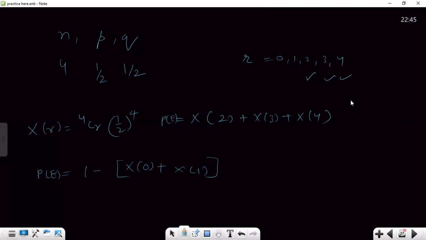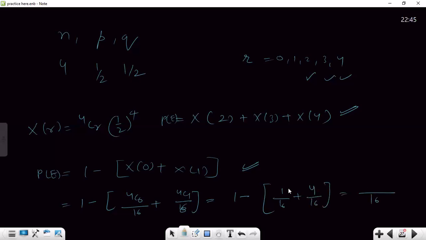Yes, sir. So we have found it using the method earlier. Let's now find it using this method. So 1 minus, X equal to 0: 4C0 divided by 2 raised to power 4, that is 16, plus X equal to 1: 4C1 divided by 16. So 1 minus (1 by 16 plus 4 by 16).